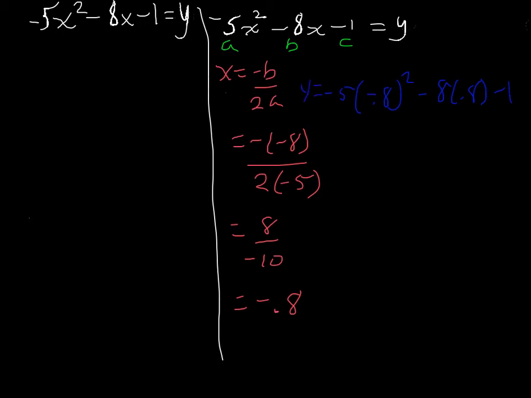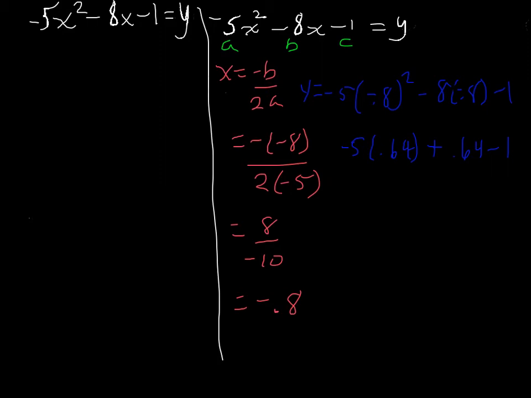So here I have -5 times, and -0.8 squared is positive 0.64, plus, should be a negative inside there, plus 0.64 minus 1.